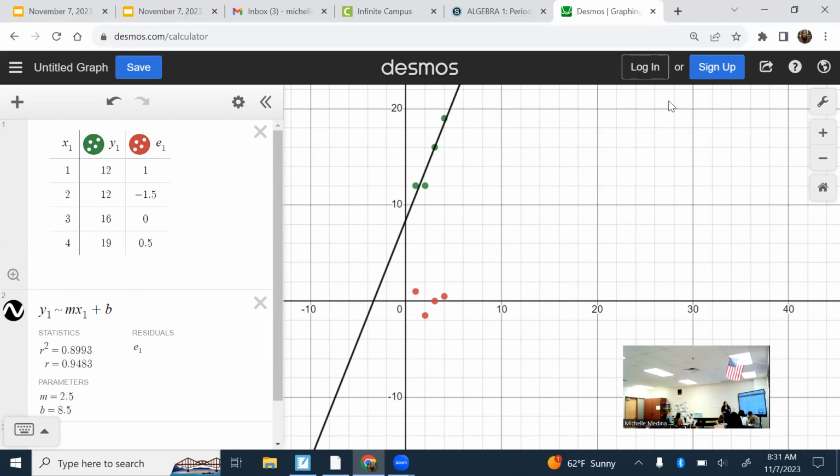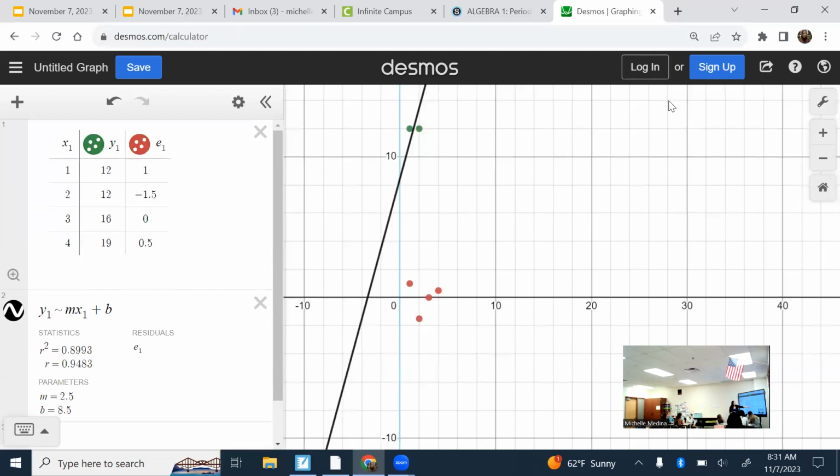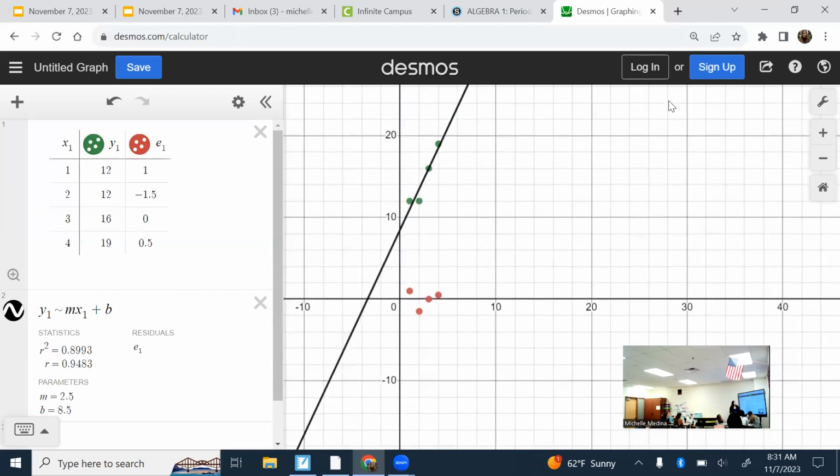Would you say, based on how this looks, that this is a good line of fit? Okay, you think no? Anyone think yes? You just need to be able to justify it either way. When you put your data in, it'll always give you the best line of fit.